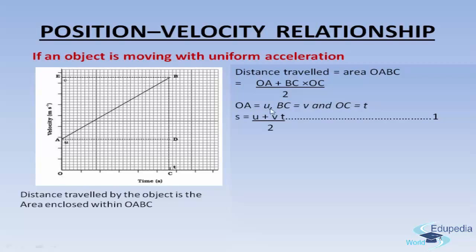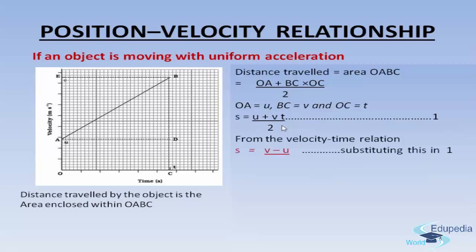Now again we substitute the similar values in this formula, and we get S is equal to U plus V into T divided by 2. Now we also know from the velocity time relationship that T is equal to the difference in the two velocities, that is the final minus the initial, divided by A, right?